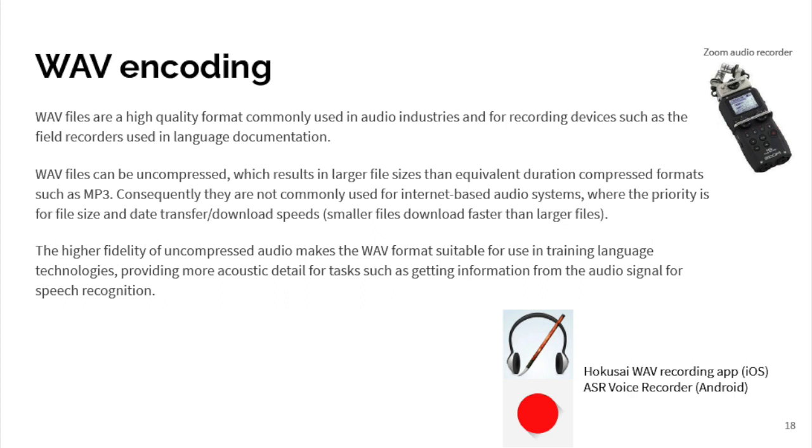They have larger file sizes, but people attempted to use MP3s because you can compress the audio, you can fit more MP3s on a portable player, but the compression removes information from the audio signal, which makes it less usable in developing language technologies.